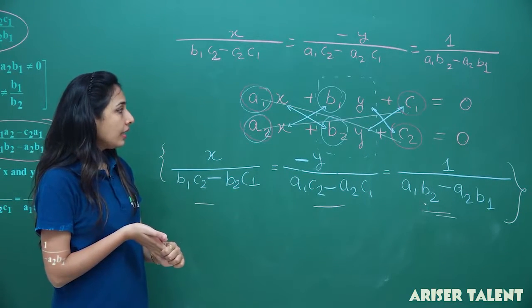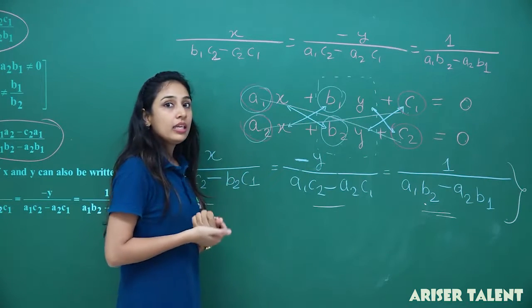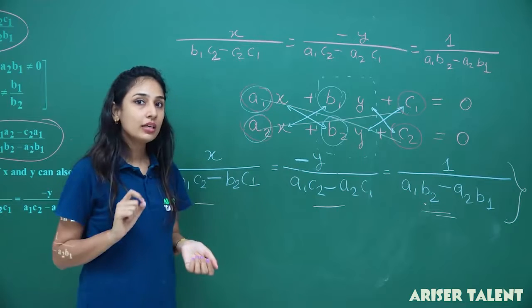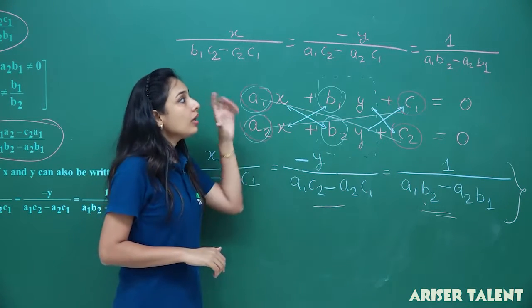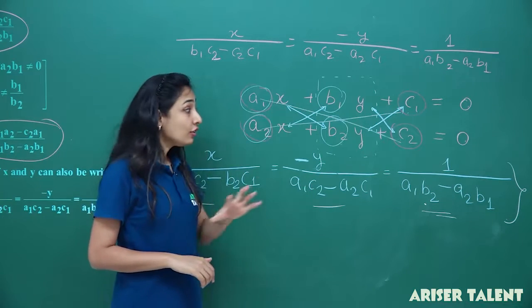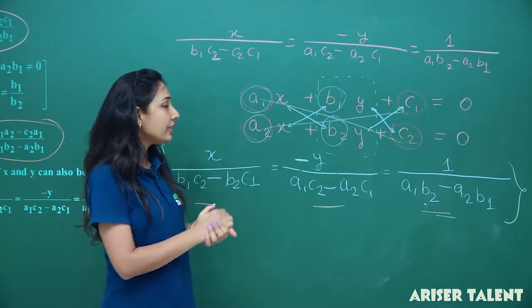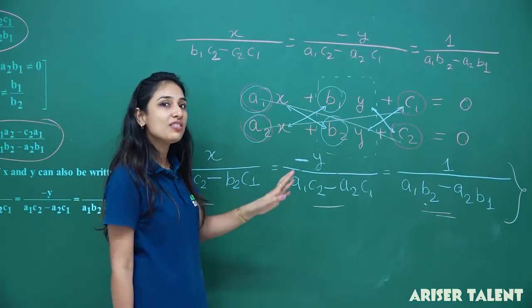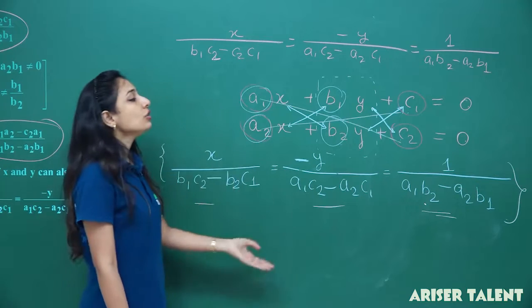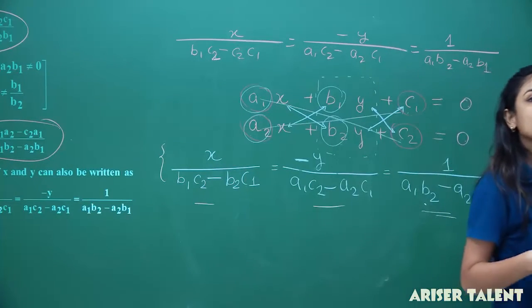Even though I've taught you this way, you may find it a little difficult, students, but when you solve the questions, you will find it very easy. You will even prefer this method. You will say, no ma'am, we are going to use this method. Just note this and we will talk about the next.